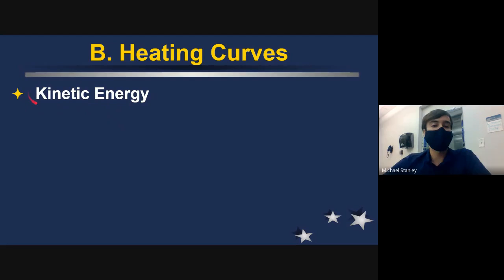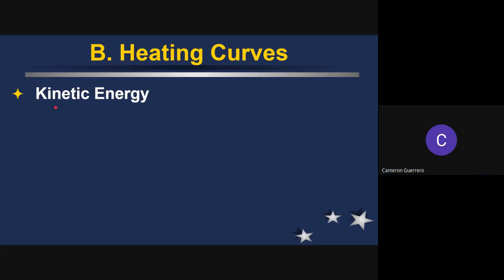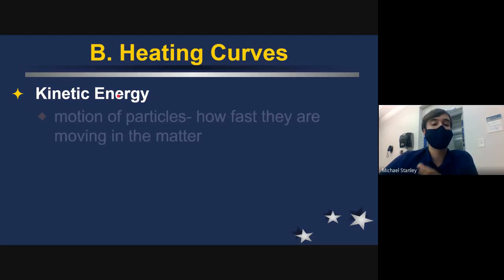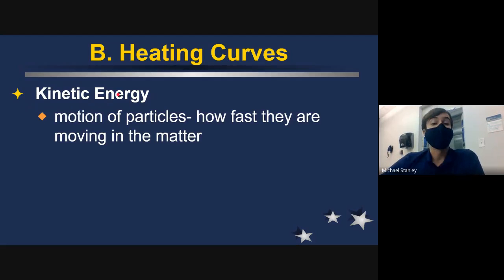Can anybody remind me what the word kinetic means or what it refers to? Energy. An object is moving. Yeah, motion, exactly. So kinetic energy has to do with motion. And that's the one that we already talked about earlier with that molecular theory, the KMT.